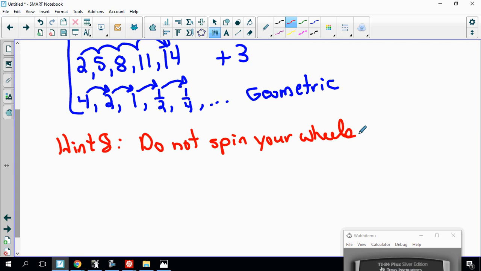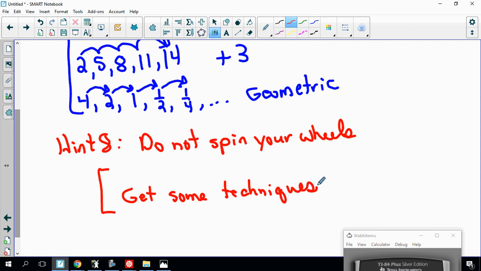I know not to spin my wheels. Now, I try my strategy, I try my strategy, I try my strategy. The idea is to get some strategies, some techniques, some methods for solving problems.